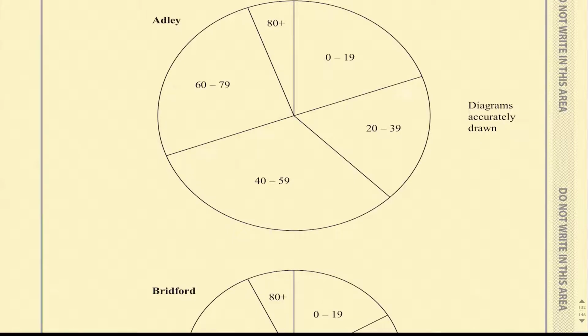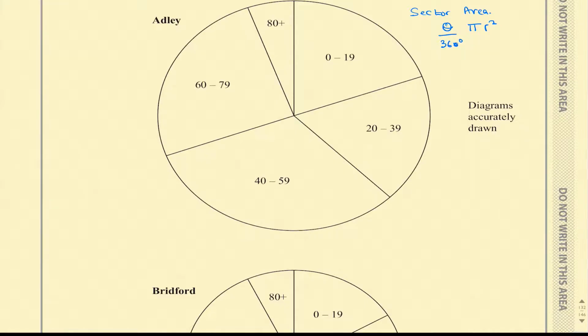The area for this one, because it's a sector here, will be the angle of that sector divided by 360 degrees times pi r squared. So that's the area of a sector. Because it's drawn to scale, we could measure the radiuses as well.